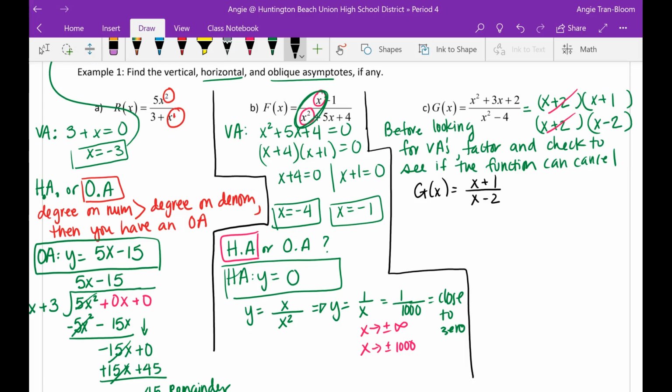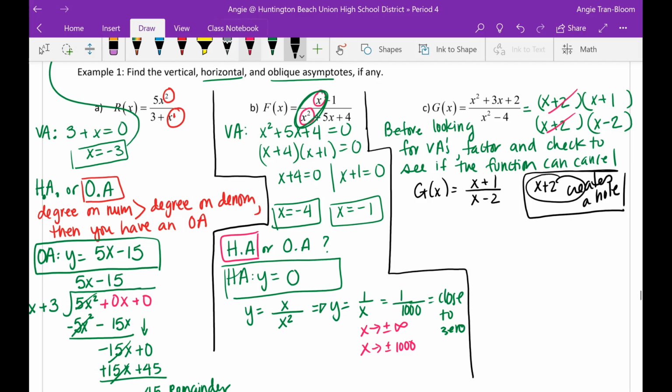Why do we cancel it? Well, we cancel it because we want to simplify, we want to reduce. Well, what happened to the x plus 2? Where does it go? Because we canceled the x plus 2, this actually creates a hole. We will talk about this much later, but right now, this is not an asymptote.